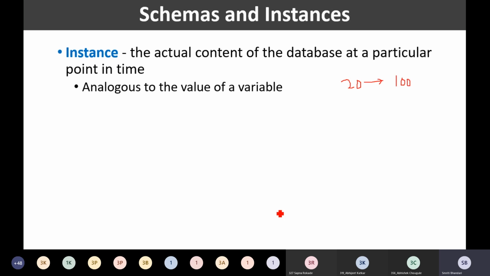That is one instance of my database. So instance can be related with the value of a variable. I have the students schema, so I have designed something at the logical level to store the students data.